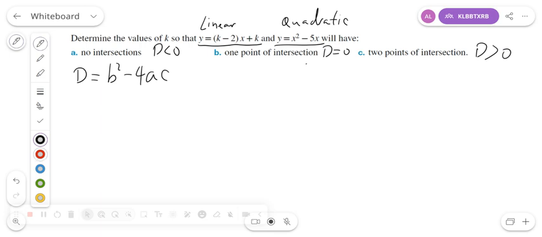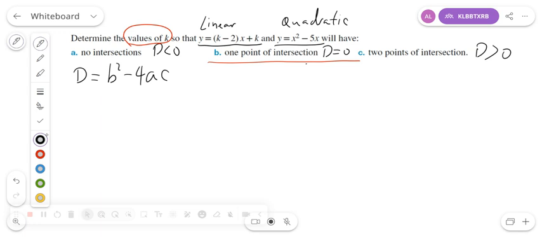So you can see from part B, if I can find the values of k that make D equal to 0, then from those solutions we can determine when D is smaller than 0 or D is larger than 0.